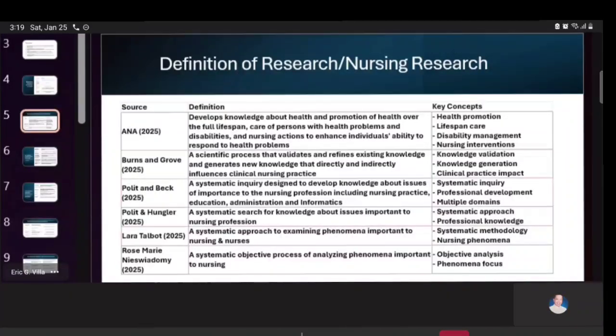Rosemarie Nieswiadomy defines nursing research and explains how it encompasses several key elements. We can see the core definition, which is a systematic, objective process. When we say systematic process, the research follows a structured and organized approach, ensuring methodological rigor in investigating nursing phenomena.